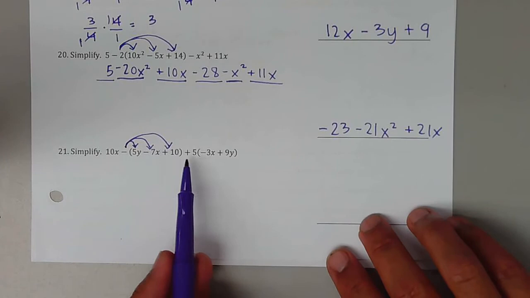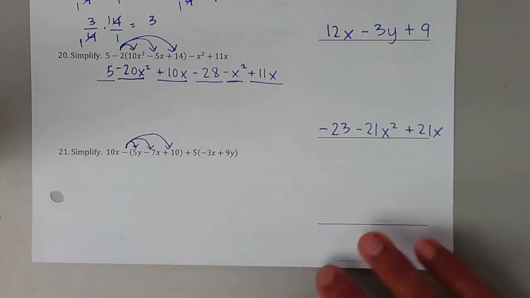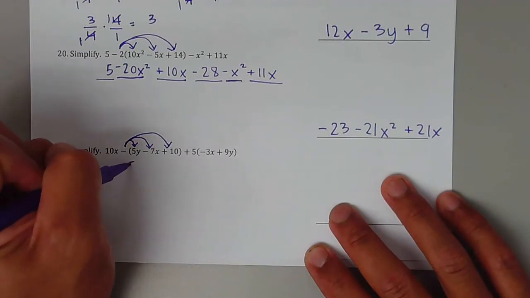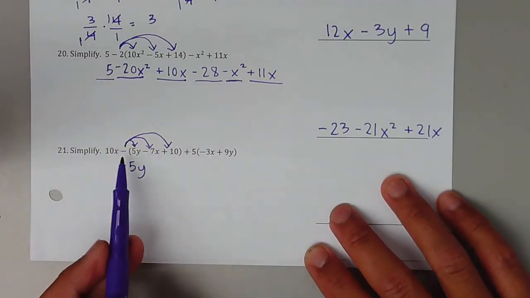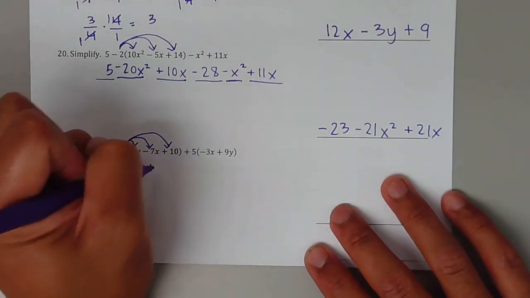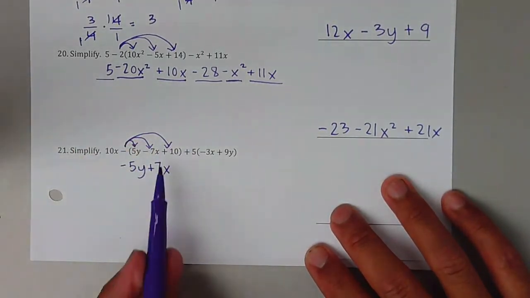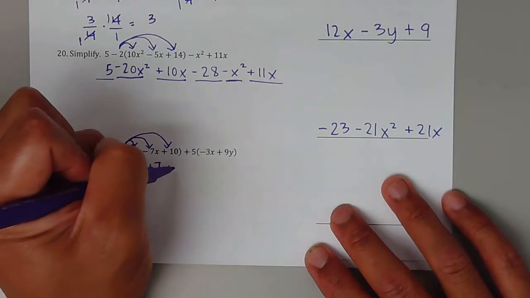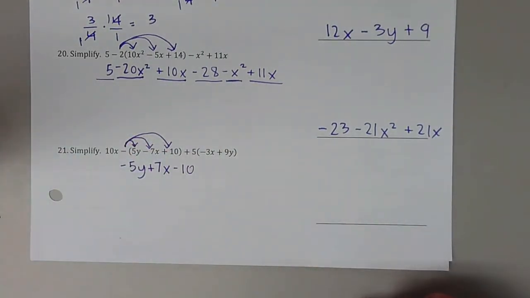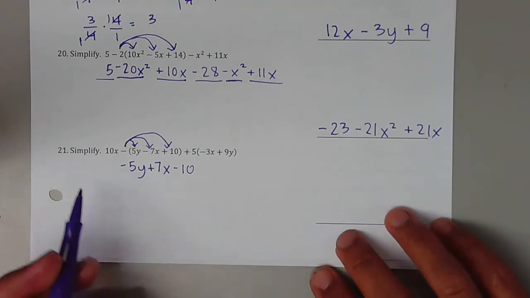And then you're going to do the same thing with 5, but let's just take it one step at a time. Distributing this negative to the 5y gives us negative 5y. Negative 7x gives us positive 7x, right? You just flip the signs of each of those. That turns to a negative 10. All right, and then we bring down this 10x.